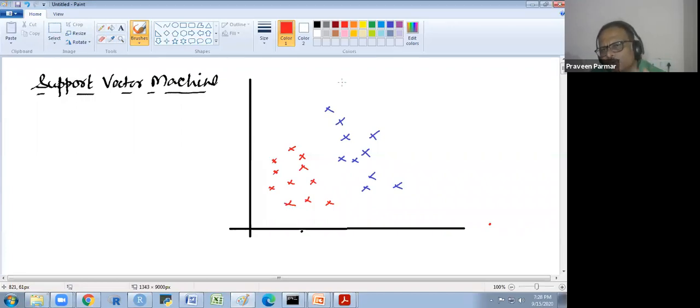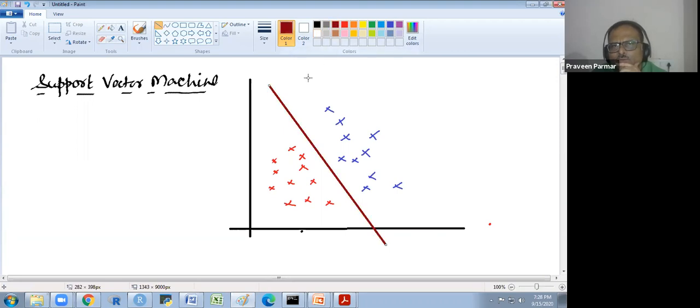We are taking only two classes for understanding, and I draw one plane here. It will look like a line because it is two-dimensional, but basically it is a plane I am going to draw. I could draw the plane in this way, or in this way also, which is going to allocate these two classes.